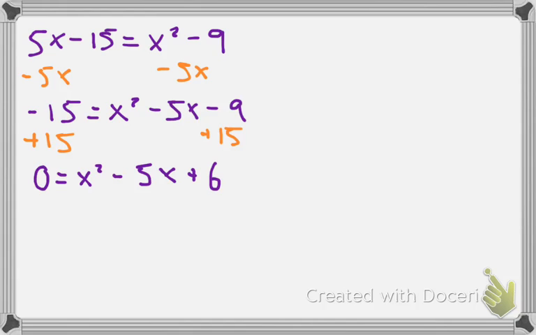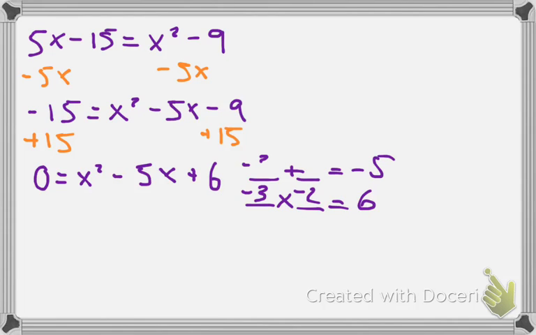Okay, so when I look at this, there are a couple of different ways. We can use the quadratic formula. We can graph it. Or this is a nice inspection one, so we can think: what plus what is equal to negative 5? What times what is equal to positive 6? I know it's got to be two negative numbers, and it's going to be negative 3 and negative 2.